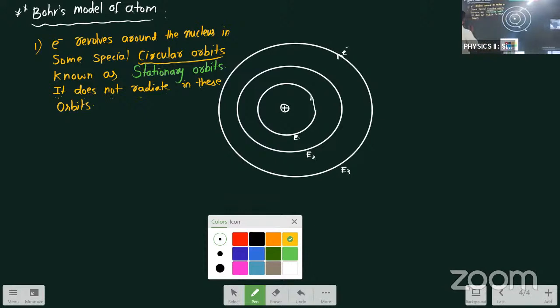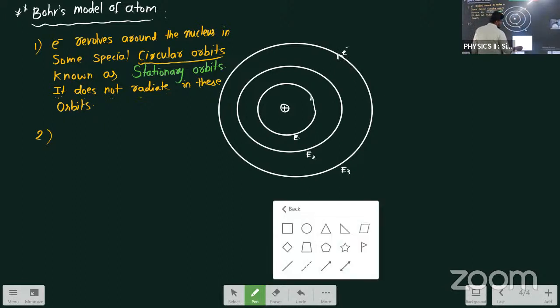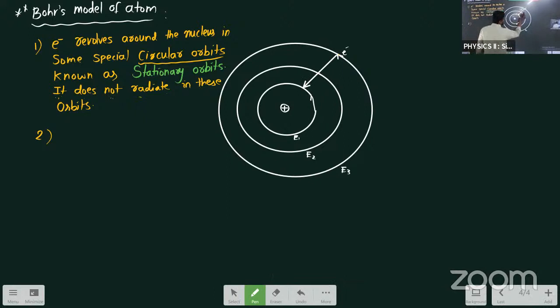What is the second postulate? He said that whenever an electron jumps from a higher energy orbit to a lower orbit, it will emit energy of radiation, E equals h nu.